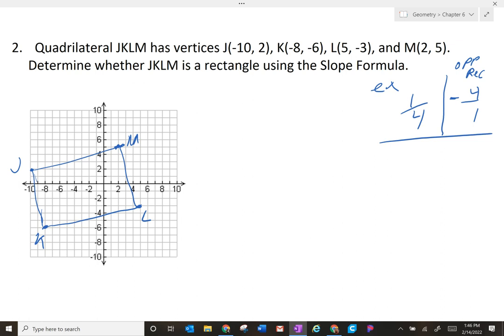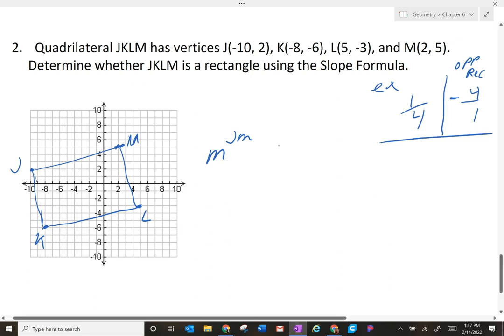So I need to figure out if these slopes are the same, and then also if this slope and this slope are going to be the reciprocal. And if at any point they are not either the exact same slope or the opposite reciprocal, we can stop and just say no. So I'm going to look at the slope of J and M, using the formula y2 minus y1 over x2 minus x1.